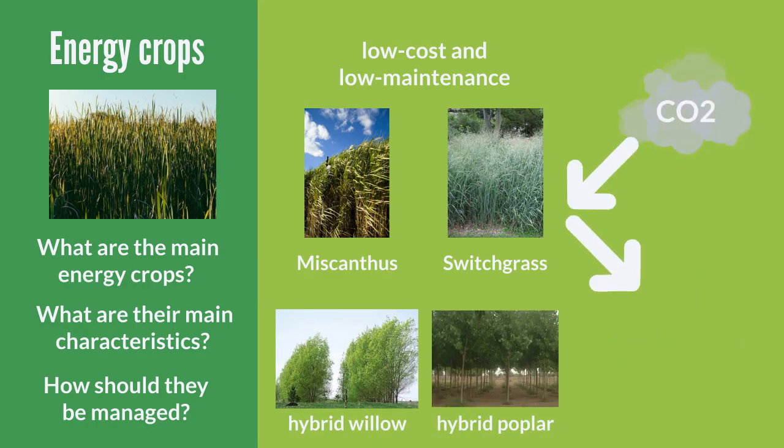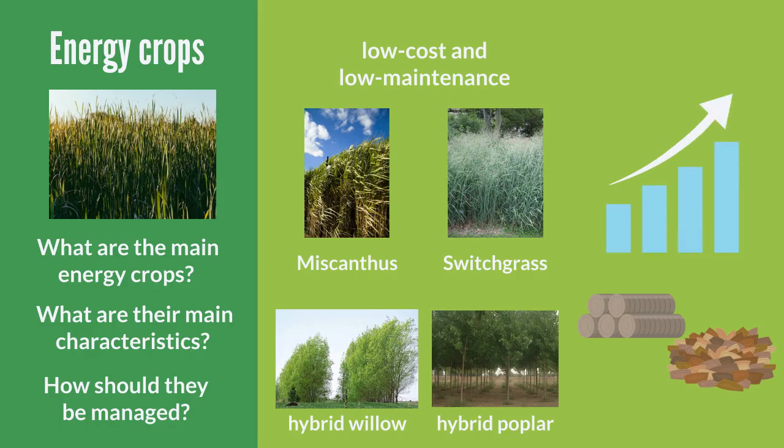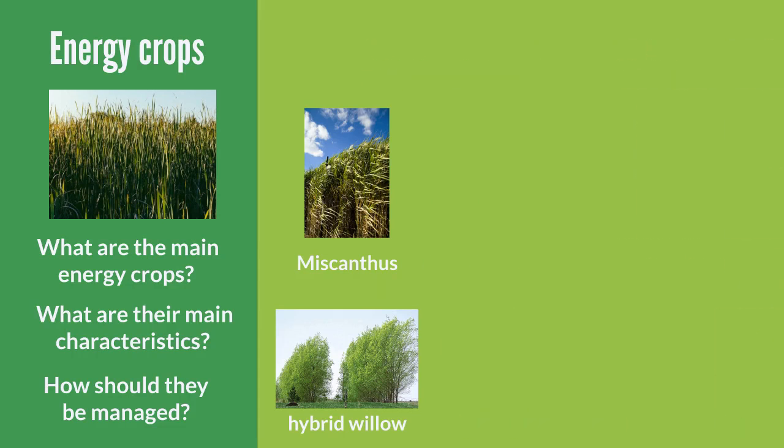Bioenergy crops are an important source of renewable energy and are a possible mechanism to mitigate global warming. Second-generation energy crops like miscanthus and short-rotation forestry are becoming more and more important and increasingly visible.